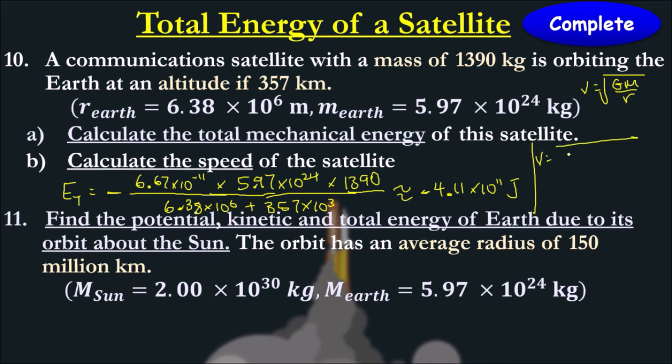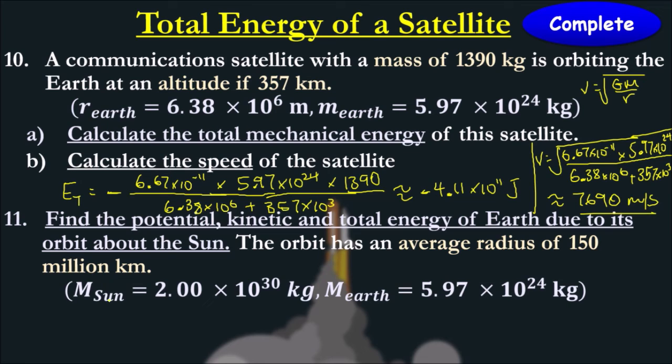We know that the constant is this value here, 5.97 times 10 to the power of 24 is the mass of the Earth, and then the radius, the distance between the two objects. Obviously, if you're doing an actual exam, try and do it a little bit neater than what I've done here. And we get an approximate orbital speed of 10,690 meters per second.